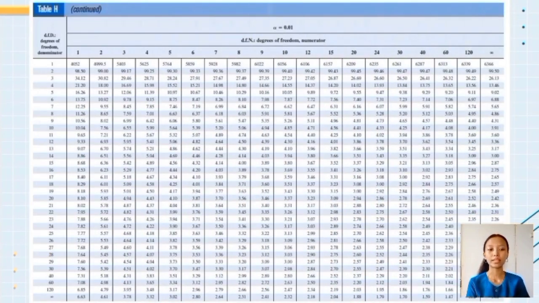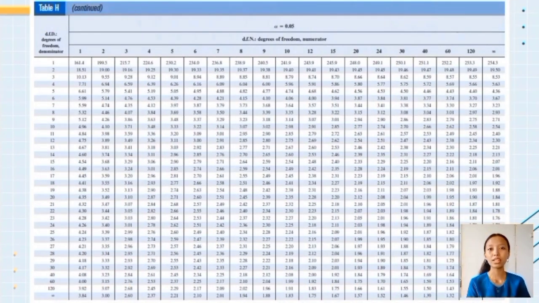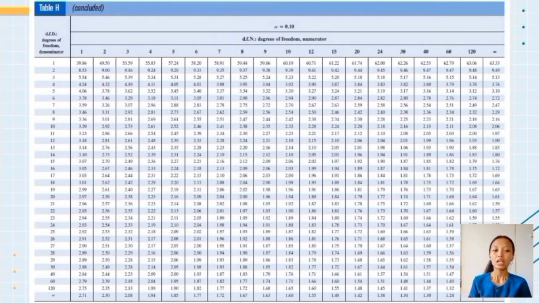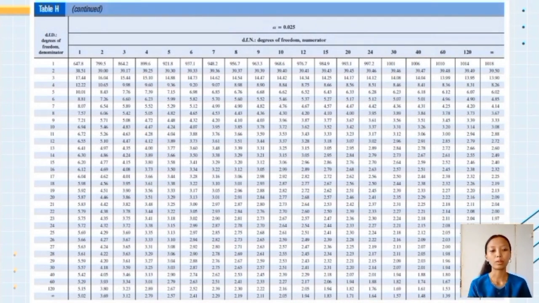If a two-tailed test is being conducted, then the significance level divided by 2 must be used. For example, if a two-tailed test with a significance level of 0.05 is being conducted, then 0.05 divided by 2 equals 0.025, so the 0.025 table of Table H should be used.